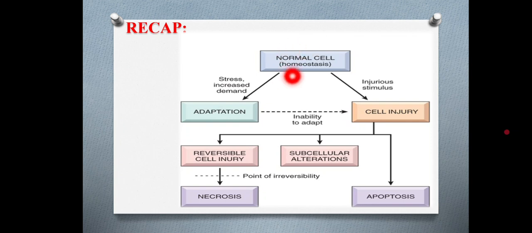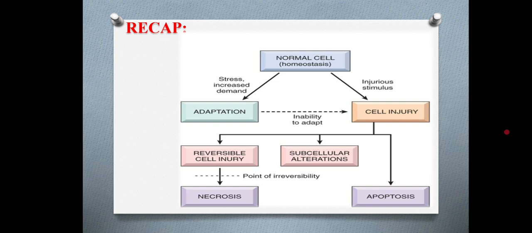If this cell is exposed to stress, the stress can be too much smoke, less activity in the body, stimulation by hormones or neurotransmitters, or too much activity or exercise. If the normal cell is exposed to stress, it's going to adapt. We looked at the different methods of adaptation: hyperplasia, metaplasia, hypertrophy.